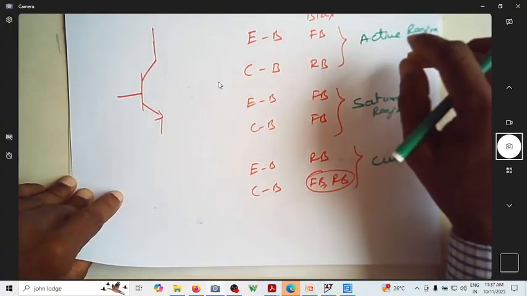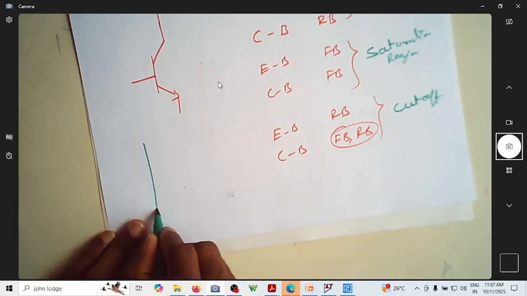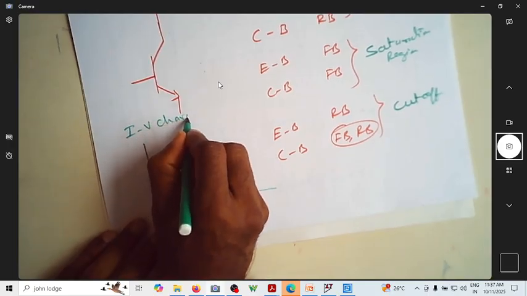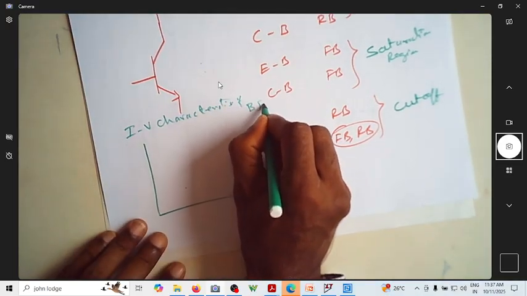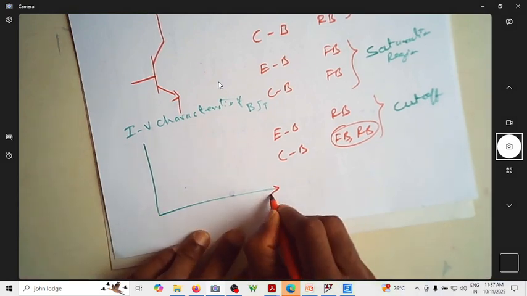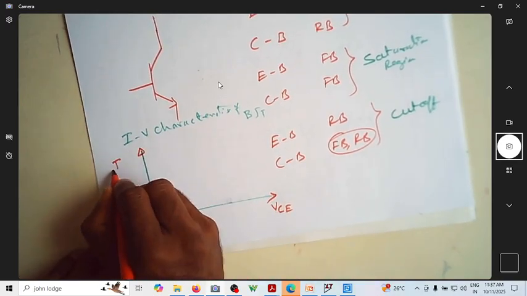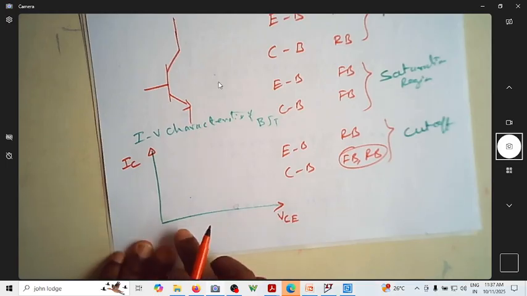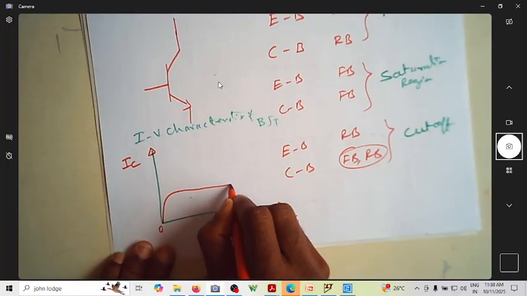These regions can be observed in the characteristics called the IV characteristics of the BJT. In this IV characteristics, we plot VCE as the x-axis and IC as the y-axis parameter. If you start increasing VCE initially from zero, the curve goes like this, and then it becomes constant.